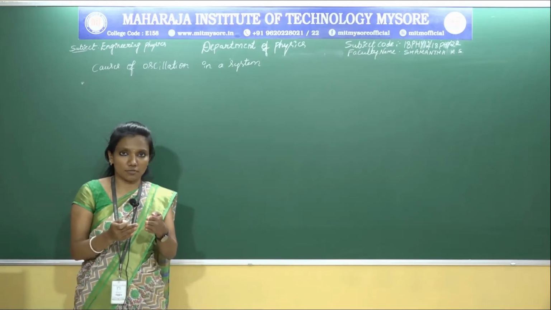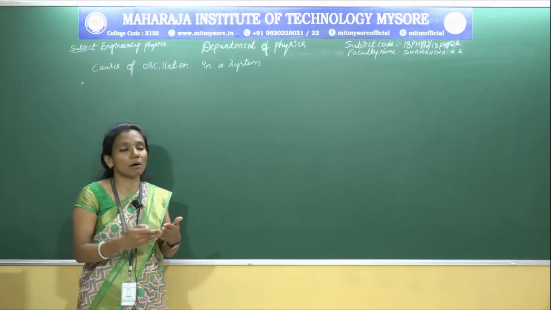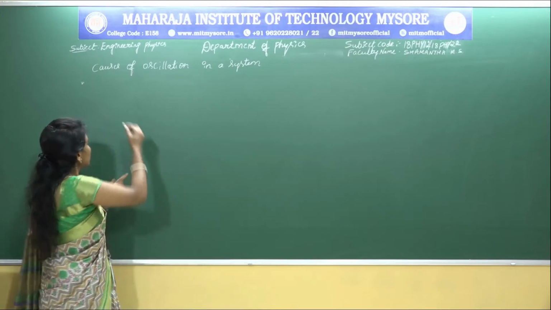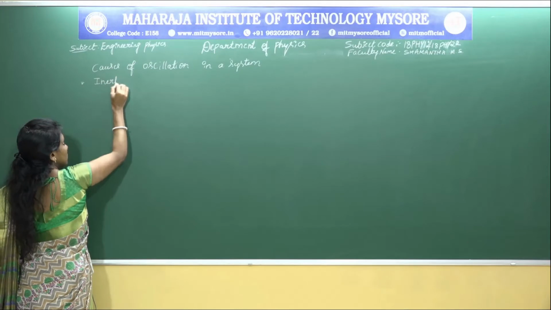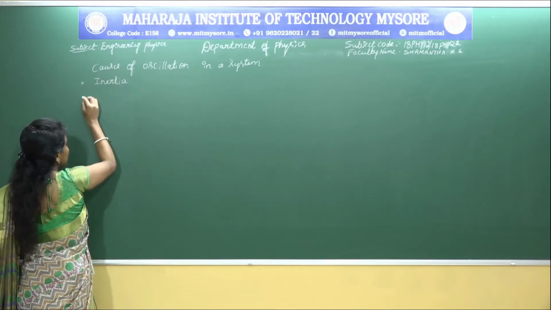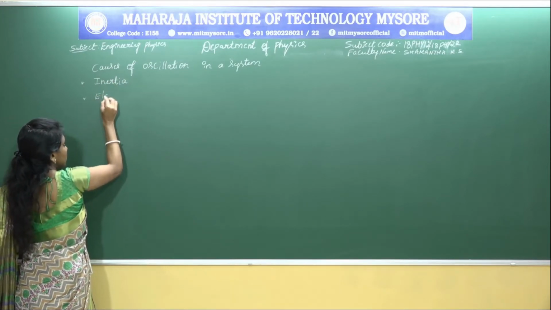So whether oscillations take place depends upon these two properties of the physical system: inertia and elasticity.